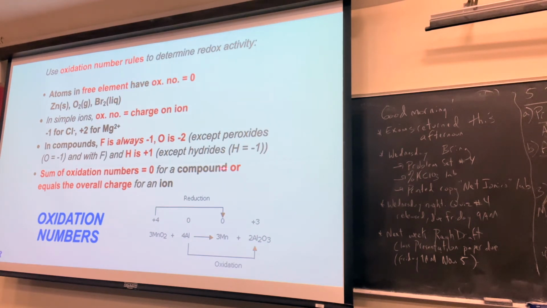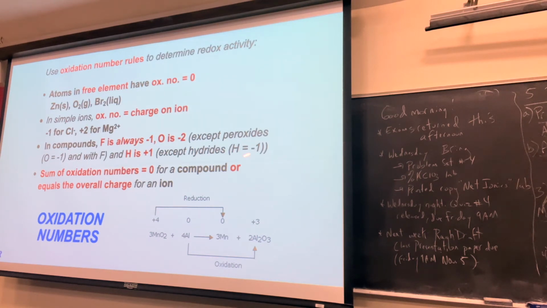When it gets to a compound, then you think about it as the sum of all oxidation numbers will equal 0, or the overall charge. And in those kind of things, then you need to know some general rules. So if you have a compound and fluoride's in it, fluoride is always -1, oxygen is usually -2, and hydrogen is usually +1. There are some exceptions to these, but generally speaking, that's the case.